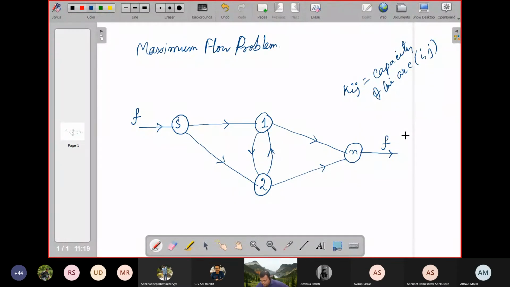So suppose, for the time being, you assume that you do not know the Ford-Fulkerson algorithm, or any other algorithm which can work it out. Suppose you only have the knowledge of linear programming. So how do you solve it using linear programming?